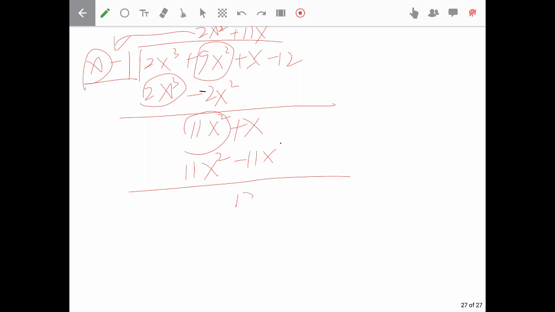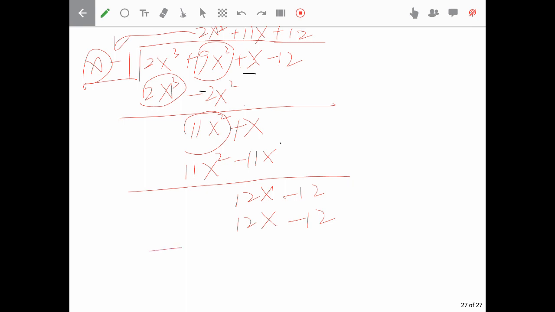That becomes positive 12x, right? Minus 12, the 12 is there. And the final one, we get a number, it should be plus 12, because 12 times x minus 1 equals 12x minus 12, right?